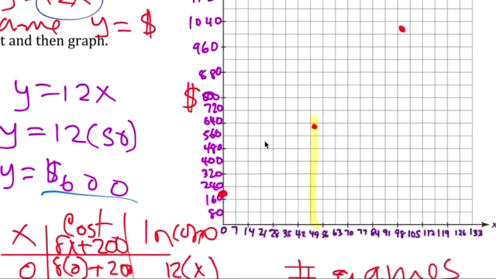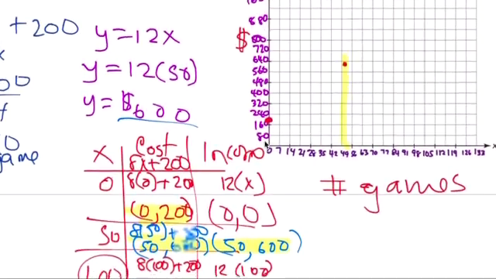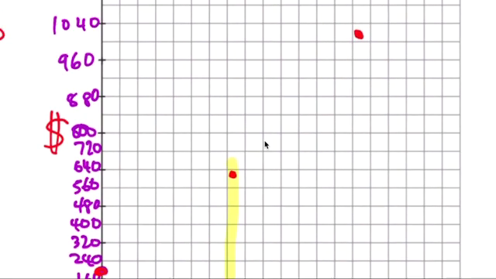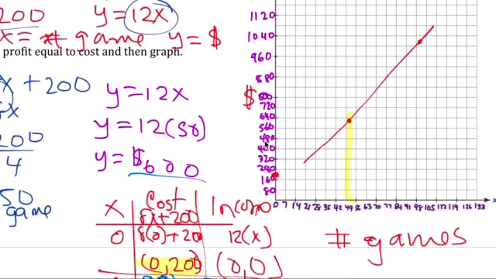And then 100, 1,000. Huh. 50, 100. Did I number something wrong? That's off.